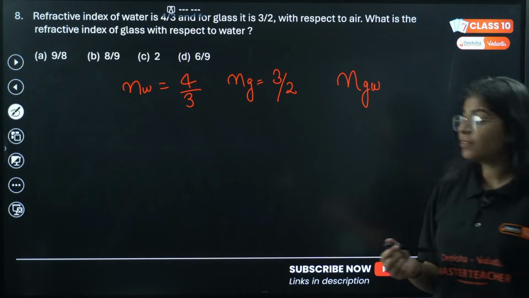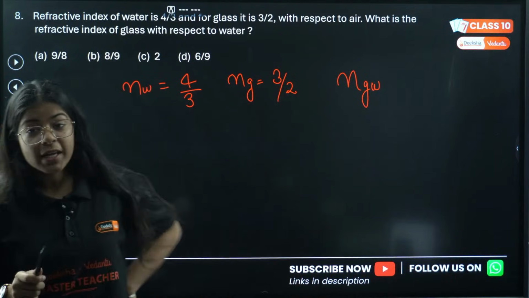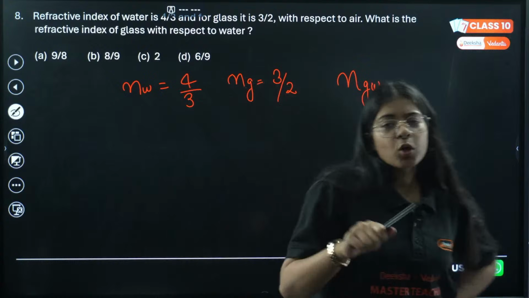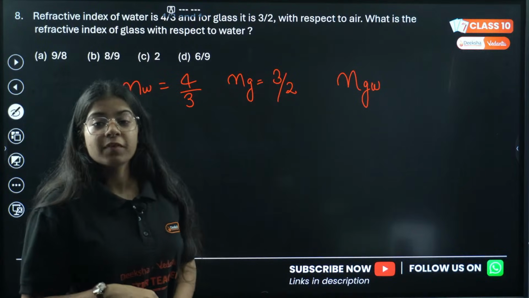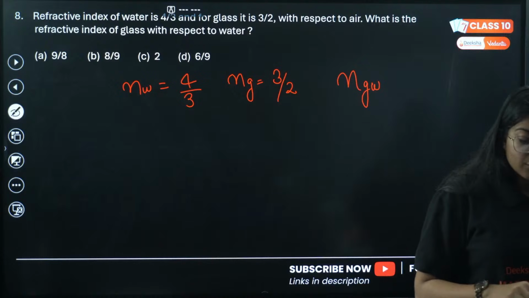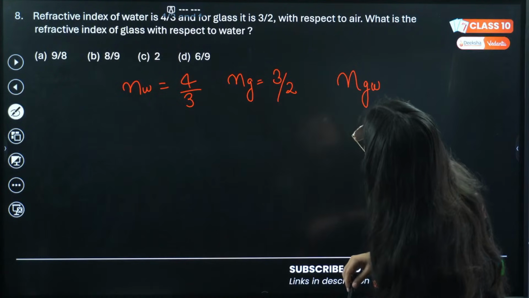I'm waiting for your answer. The refractive index of water is given, the refractive index of glass is given, both with respect to air. Now I want to find the refractive index of glass with respect to water. Trev is saying 2. Okay, let's see.